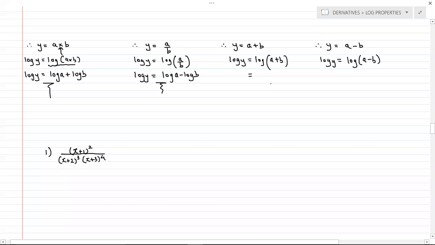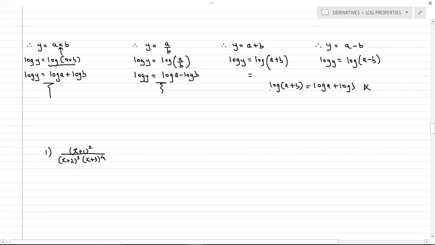But here we don't have any property like log a plus b. Do we have any property for log a plus b? We cannot open the bracket like log a plus log b. We cannot use this property, yes or no?